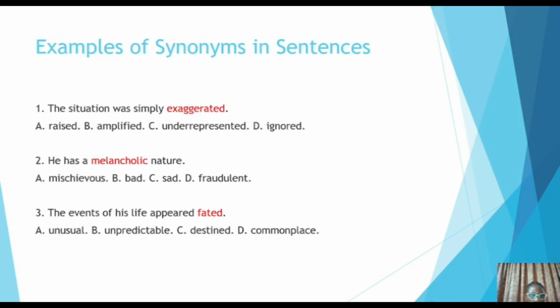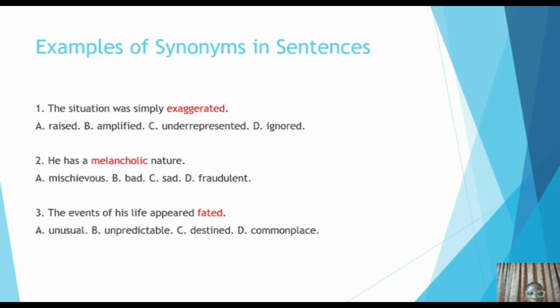And number 3, the events of his life appeared fated. Now, remember our previous definition of fate, something that has to do with destiny, predestination. So the events of his life appeared fated. Now, from options A to D, we are to choose the synonym, the word that is closest in meaning to fated. A, we have unusual.